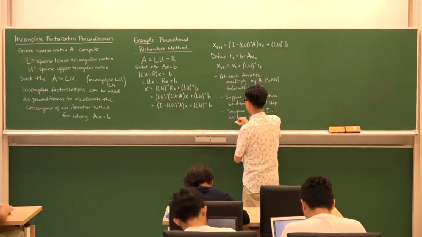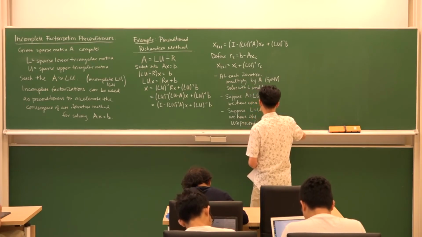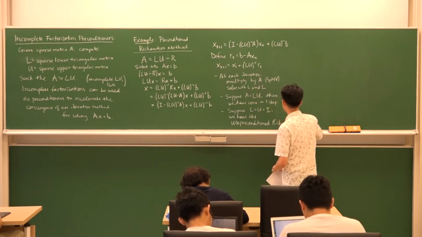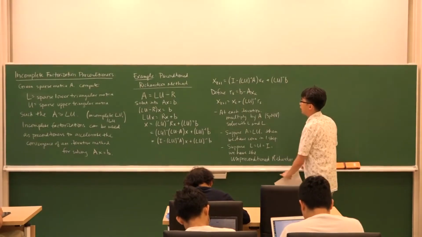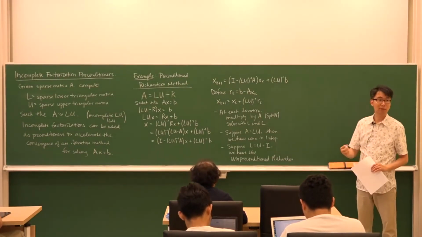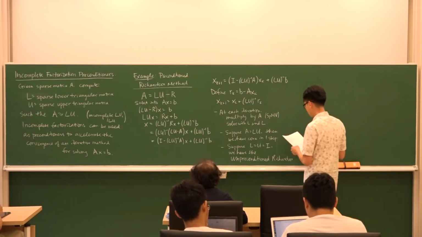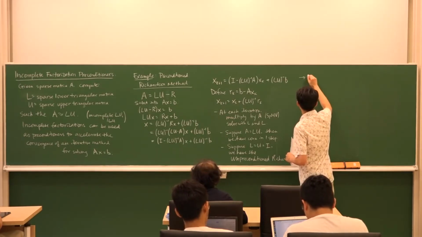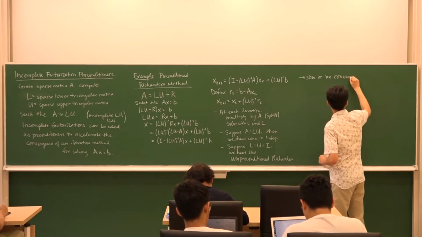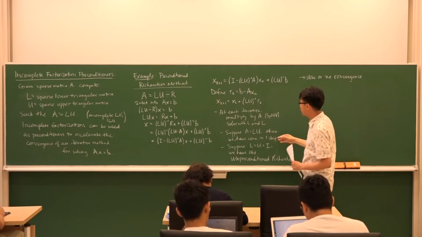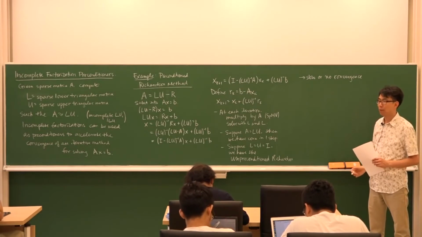And how fast does that work? Convergence could be very slow, or we might not even have convergence. I haven't said anything about convergence even if we do use a preconditioned method, but I think that's a topic for another course.